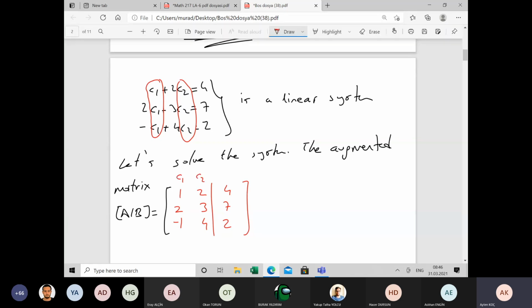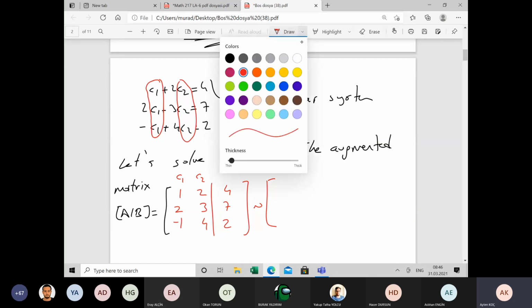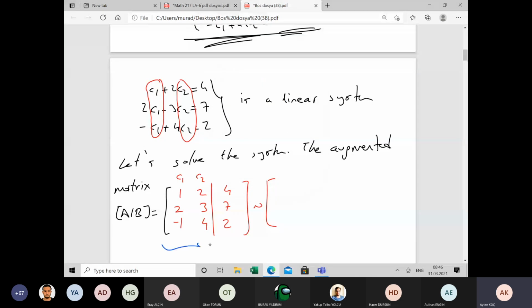So this is row equivalent to, yes, our aim is to solve this system. But be careful here and look at this coefficient matrix and augmented matrix, because it contains the right-hand side.